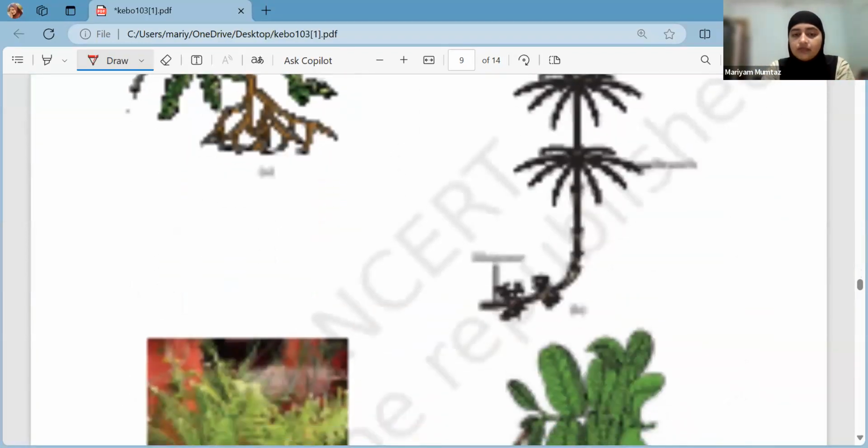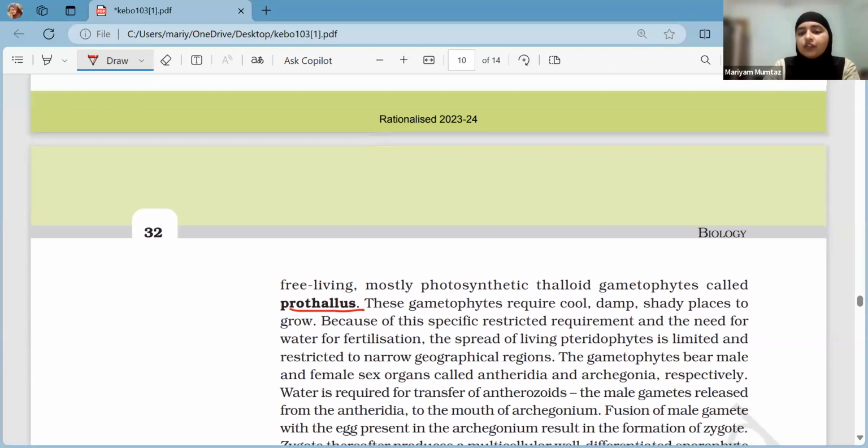Okay. Now, moving forward. So the gametophytes in the case of Pteridophyta, they are known as prothallus. They have a name. Now these gametophytes, they require cool, damp, shady places to grow. Because of this specific restricted requirement and the need for water for fertilization, the spread of living pteridophytes is limited and restricted to narrow geographical regions.